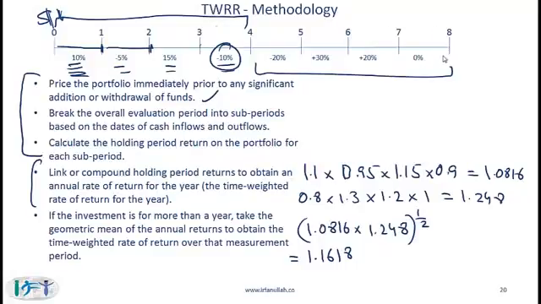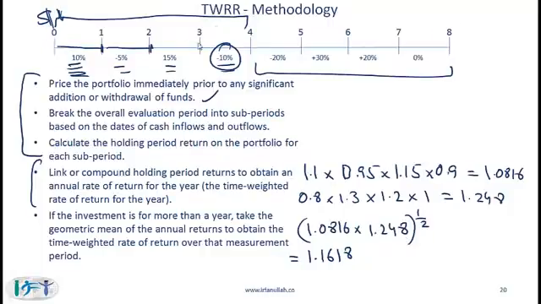If there is a 0% return, then we simply multiply by 1. So $1 invested at the start will become 1.0816 times 1.248 at the end of year 2.